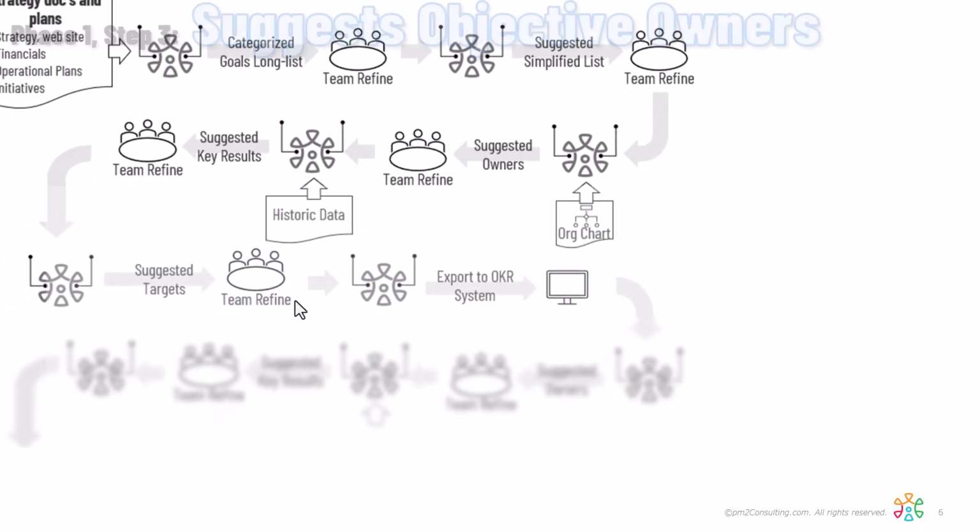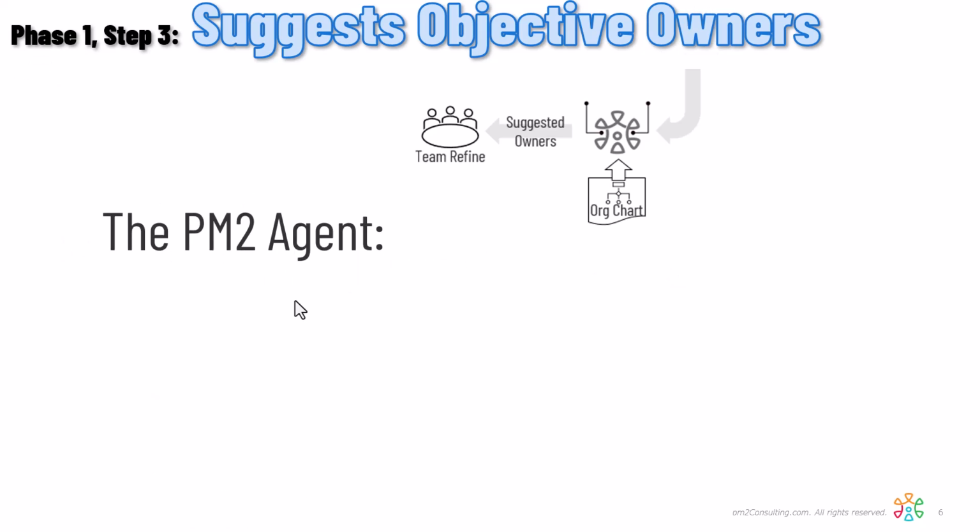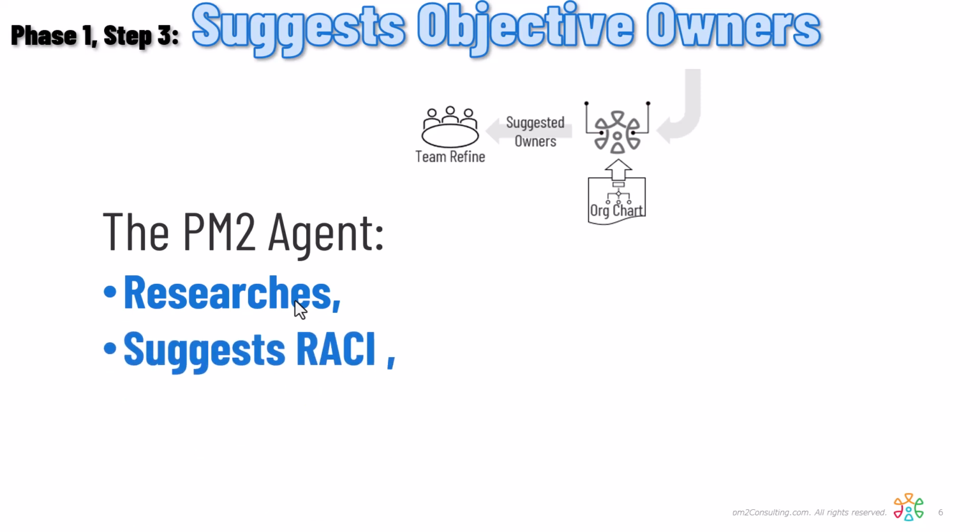Now, the next step, now you've got that simplified list, is it's going to take a look at other artifacts. So things like organization chart, job descriptions, previous organization, individuals' performance, etc. And based on those things, it's going to research what teams work, what teams don't work, who has what responsibility, what's been achieved and so forth, and make suggestions on whatever framework you want, whether it's RAPID or RACI, or you just want to know maybe just the owner or point person, whatever you want, it will begin to make you some suggestions about what that looks like.